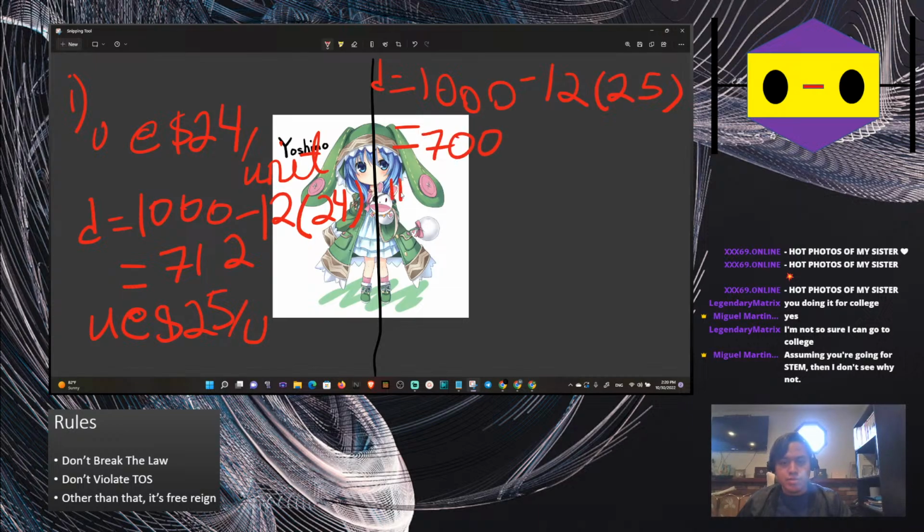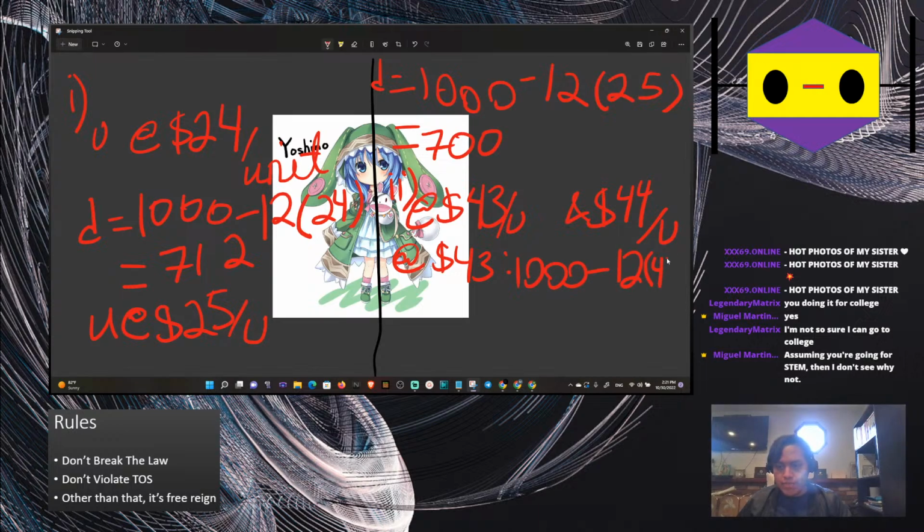So now let's go to the second one, at $43 per unit and $44 per unit. So at 43, we get 1,000 minus 12 times 43, which theoretically should give us 484.